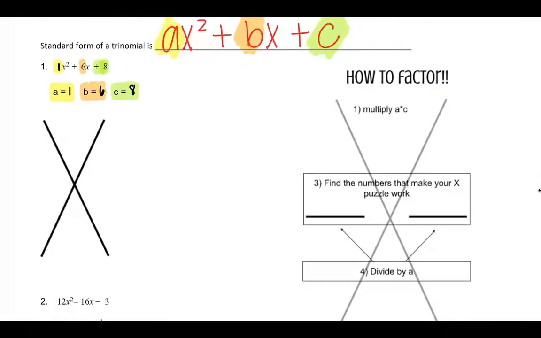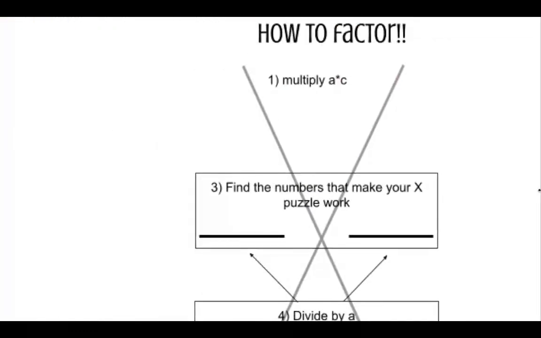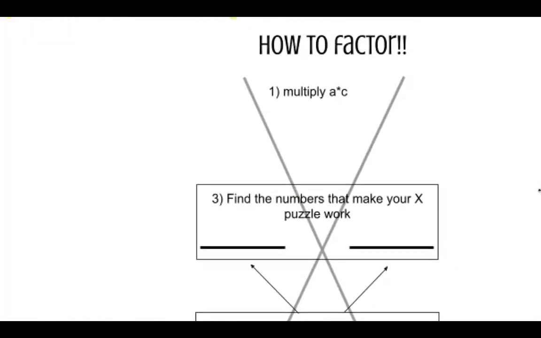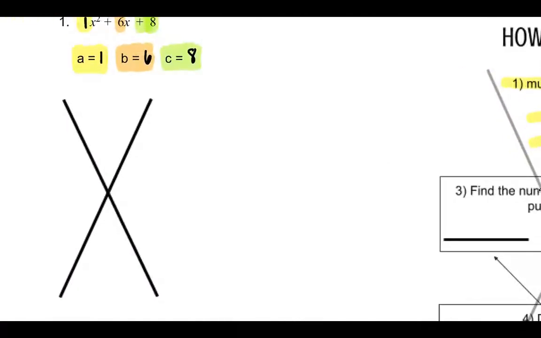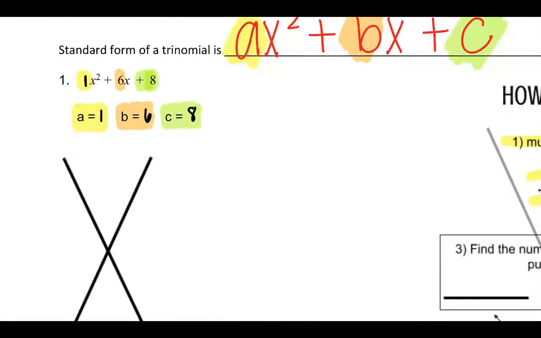And if you look over here, this is going to be our step-by-step process of how to factor. So step number 1, says it right up here, is multiply a times c. And that's how you get the number up here, is by multiplying a times c. So if I come over here, I'm going to take a times c, which is really 1 times 8, which gives me 8, right?